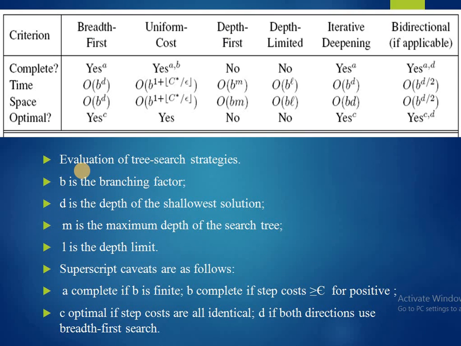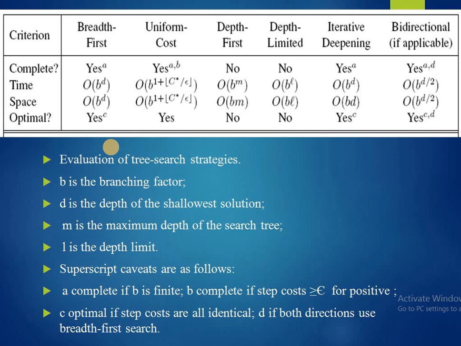The table here shows the comparison of all the 6 search strategies, that is breadth first search, uniform cost search, depth first search, depth limited search, iterative deepening depth first search, and bidirectional search if applicable.